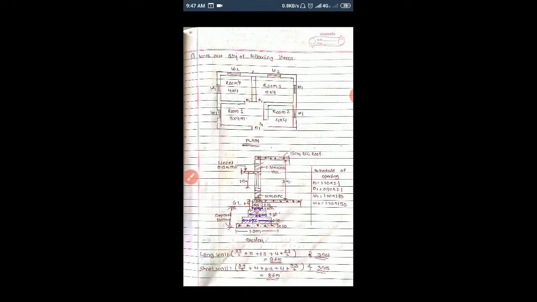For the length of the long wall, we are calculating the center line length, the center to center distance of these long walls. So we have 1, 2 and 3 long walls and 1, 2, 3 short walls.